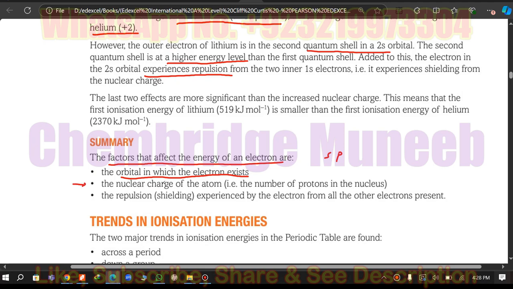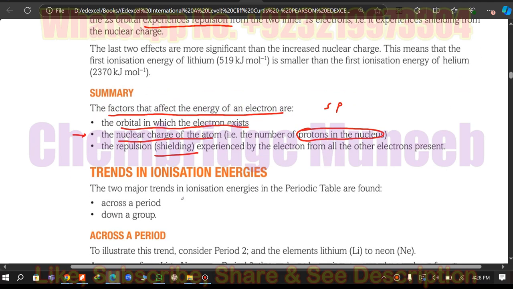The second point is that the nuclear charge, the number of protons present in the nucleus, also affects the ionization energy. And then shielding, which is a reduction in the force of attraction between the nucleus and the valence electron, also affects the ionization energy.